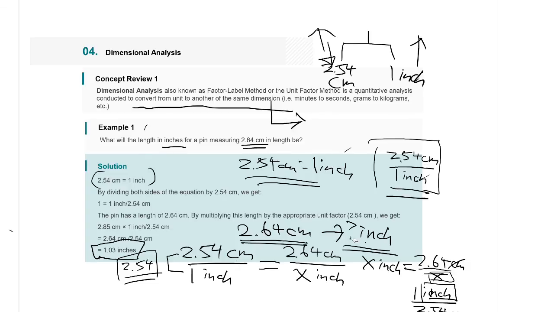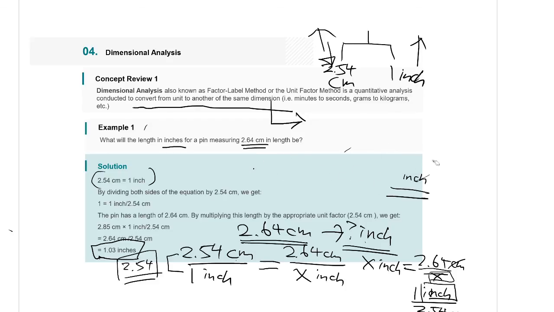Okay, so to recap, in order to do a unit conversion, first of all we need our conversion factor. We express our conversion factor as a ratio, and then convert this ratio to a fraction. This is given.